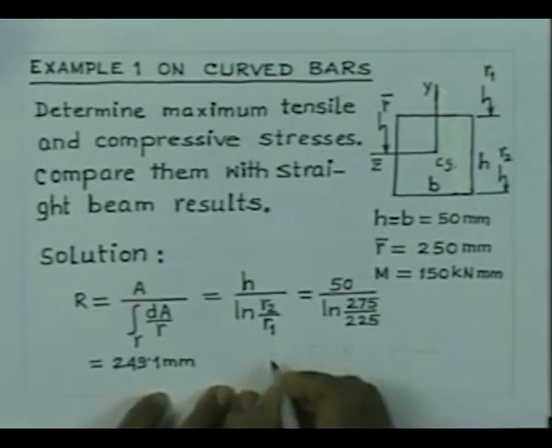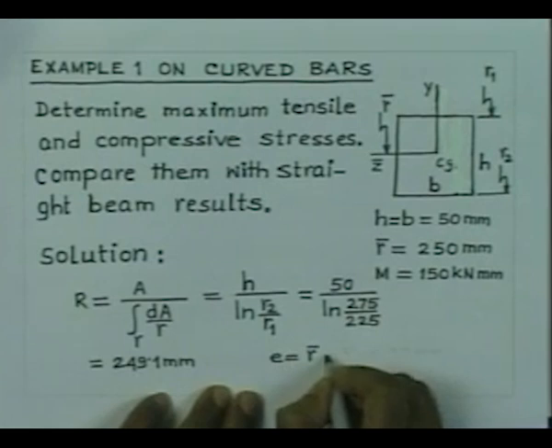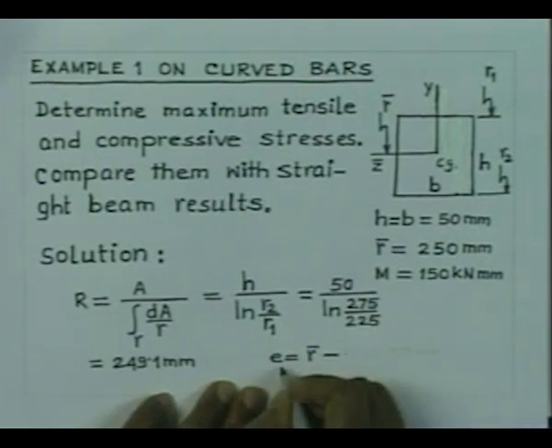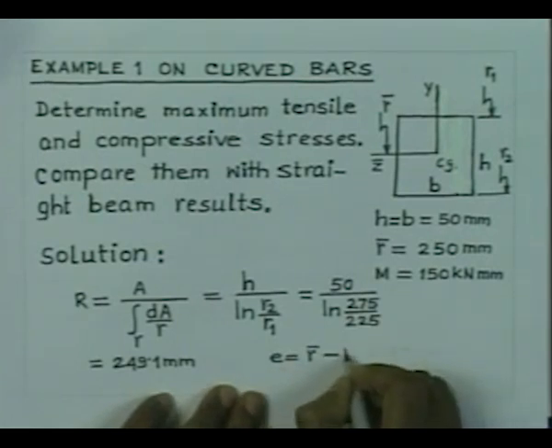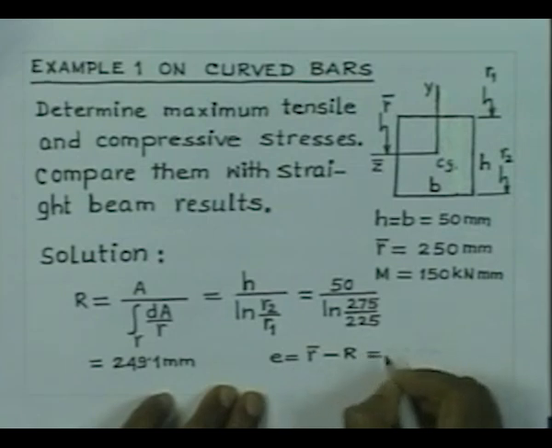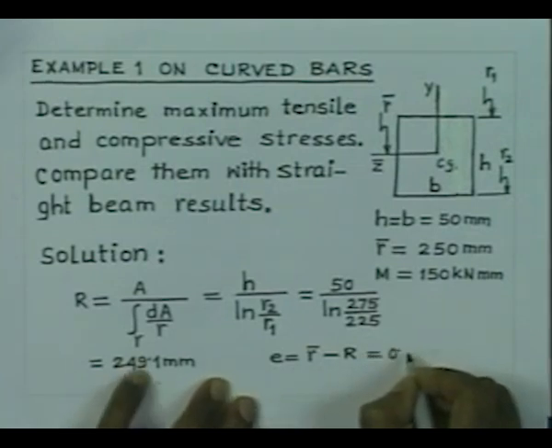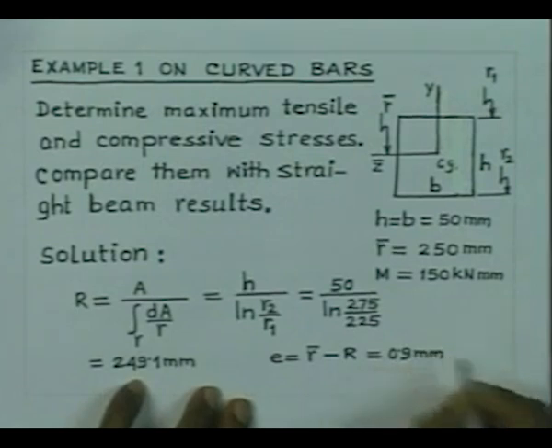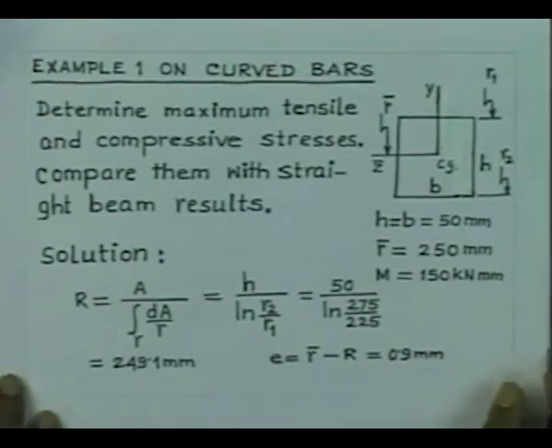Therefore, the eccentricity e is nothing but R bar minus R, which is 250 minus 249.1, therefore, this is 0.9 millimeter. Let us now calculate the stresses in the cross section.